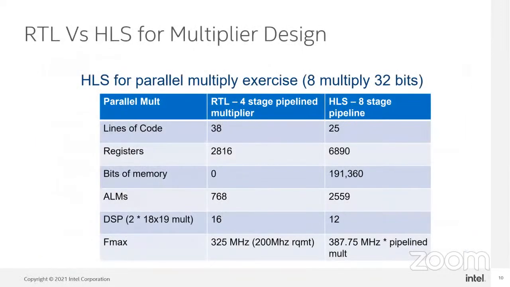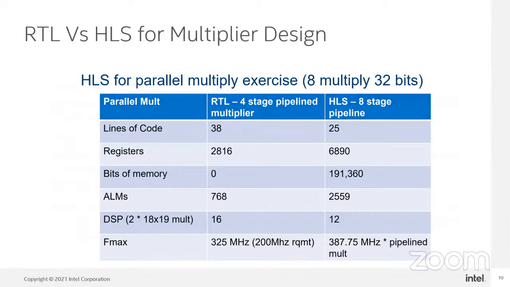And that is going to provide you similar results, even though it takes more registers. But you can see the performance of the FPGAs. It is trying to give you similar performance, even though it takes more resources. Because with the 4-stage and with the 8-stage pipeline, you can see that it is 325 megahertz, and then it shows here 387.75 megahertz, which is a pipeline multiplier.